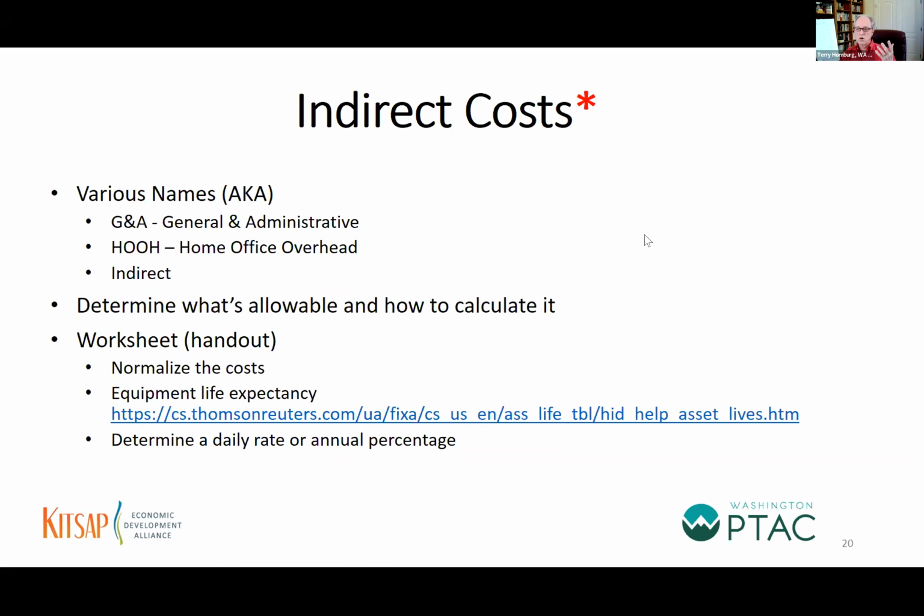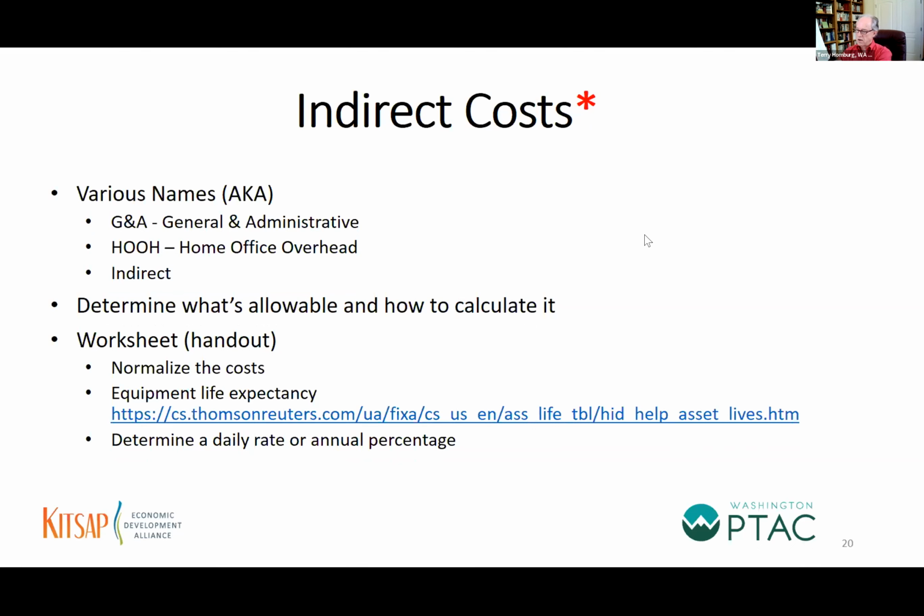So you're going to get a cost for, say, insurance, which you have to pay twice a year. So if your cost is $250 every 6 months, you're going to put it on the worksheet, but you got to normalize it. You want everything to be by month. So you've got to do the math and put down the monthly price. That's normalizing your cost information in your pool of indirect expenses.